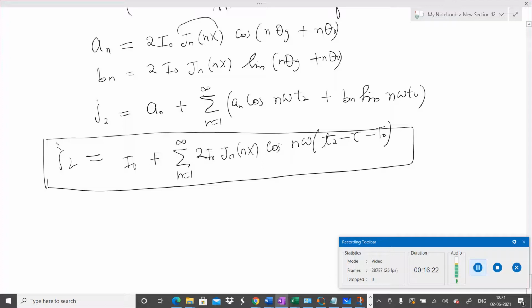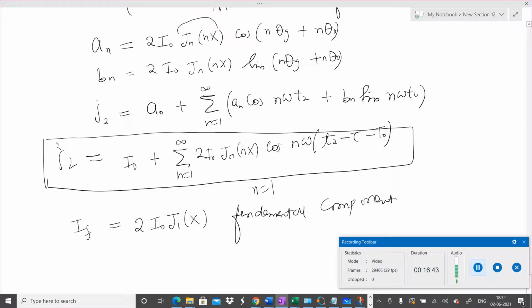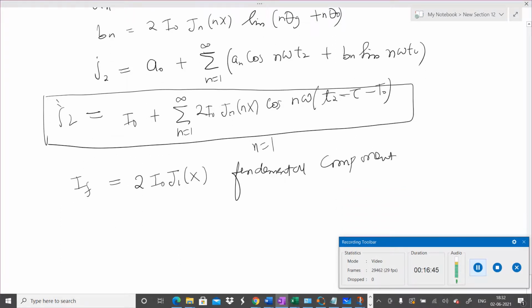And what will be the fundamental component? That will correspond to n equal to 1, so we write it as twice I naught J1 of x. This I will call If, the fundamental component. And what will be its maximum value? For that we can use the tables of Bessel function.